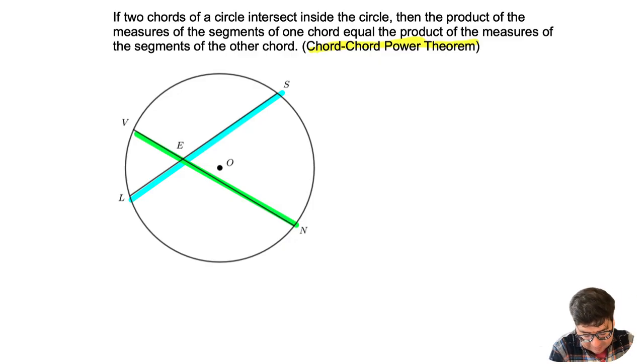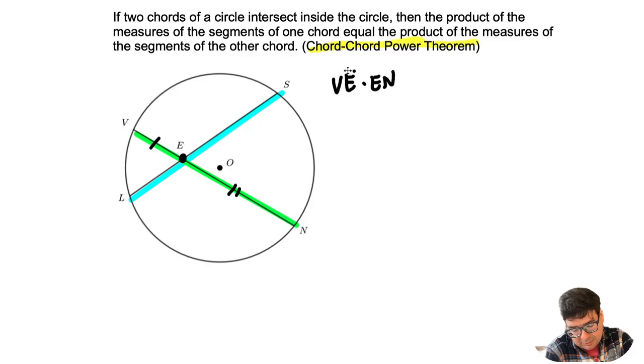In this case, this theorem is telling us that if we take the product of the segments of one chord, that would be this segment VE times this segment EN, if we multiply those segments, that's going to equal the product of ES and LE.